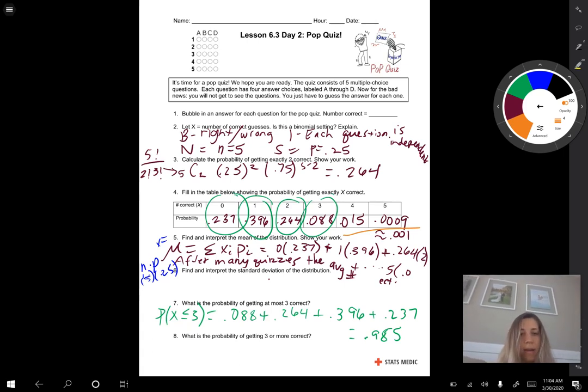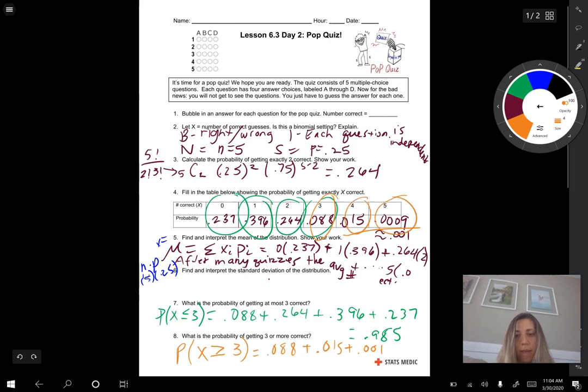So then what is the probability of getting 3 or more correct? So probability that x is greater than or equal to 3. So greater than or equal to 3 would be 0.088 plus 0.015 plus 0.001.